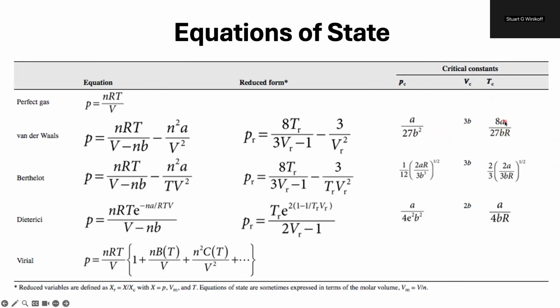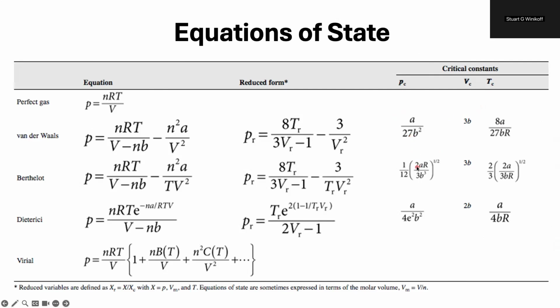And this is actually fairly impressive because what it means is that if I know the van der Waals parameters, I can correctly calculate my critical point, but also the flip. If we can identify the critical point of a gas, congratulations, we can obtain the van der Waals parameters.